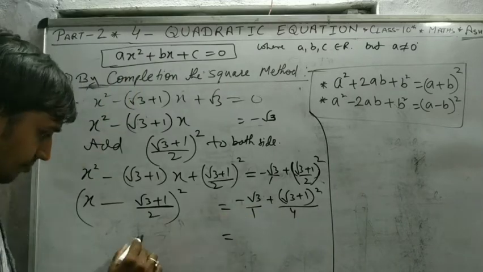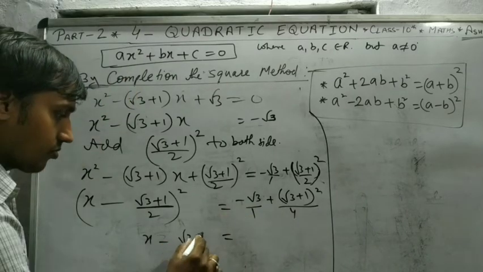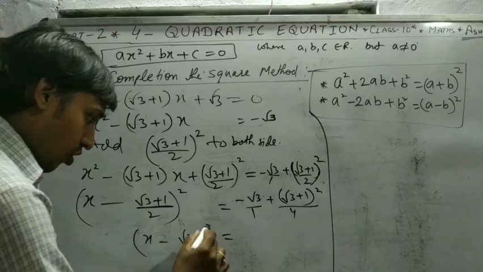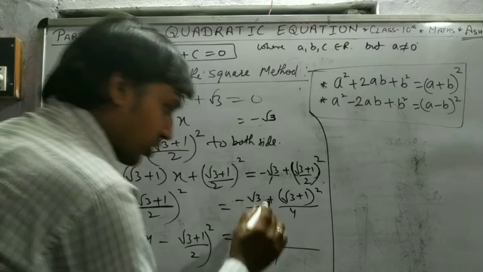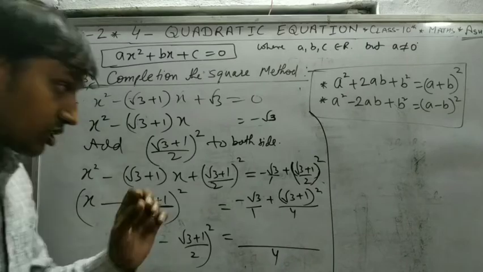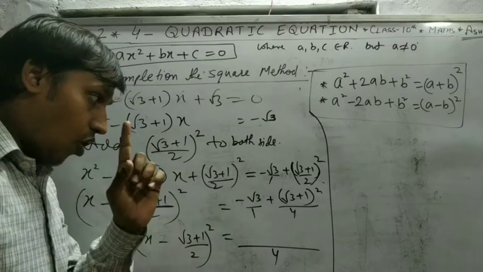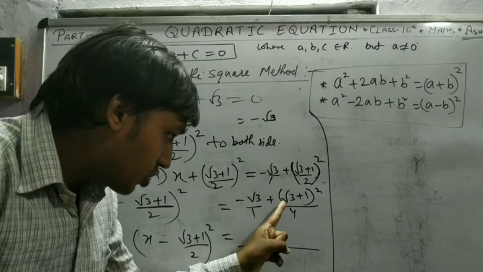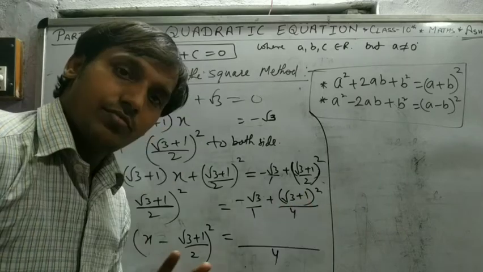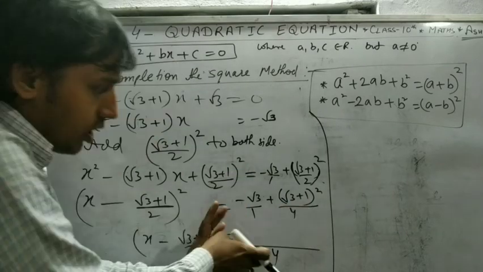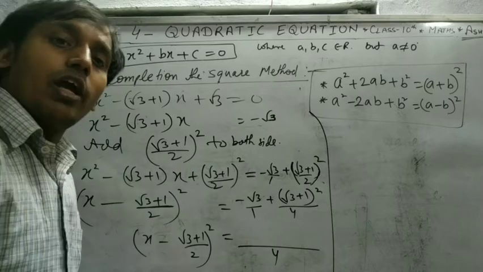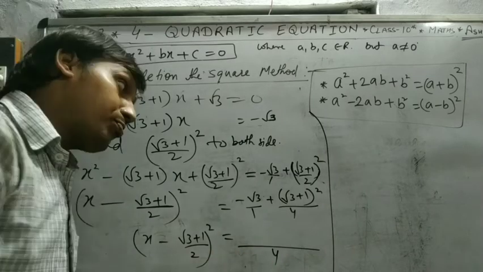Take the LCM. For these types of questions, I suggest that if you solve a plus b whole square, then after the whole solution it converts into a minus b whole square, 100% damn sure.